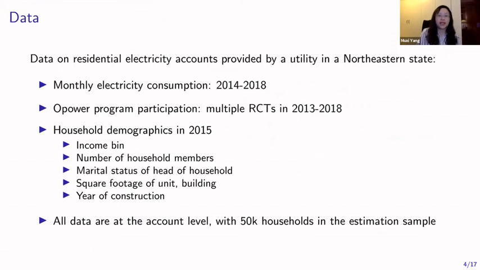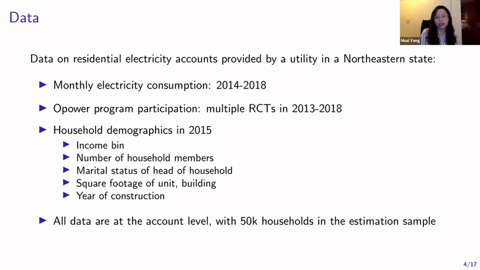We obtained data on the Home Energy Reports program implemented in a northeastern state in the United States. For each household in this state, we observed monthly electricity consumption, the original treatment status in the OPOWER program, and we also have a snapshot of household characteristics, which are relevant for energy consumption.